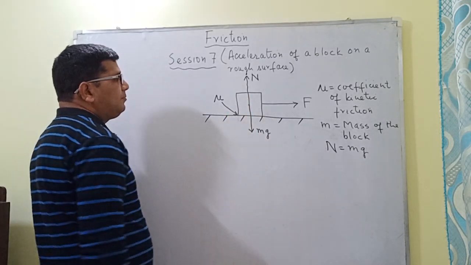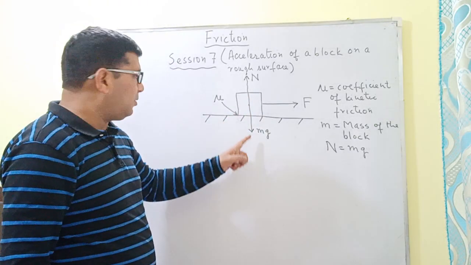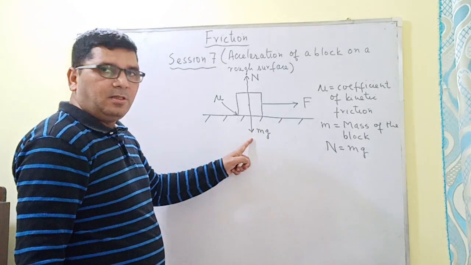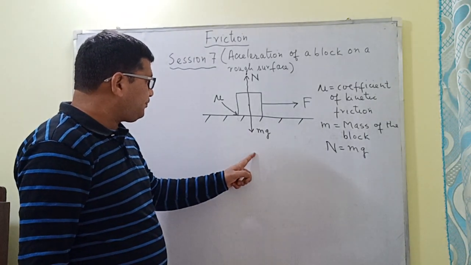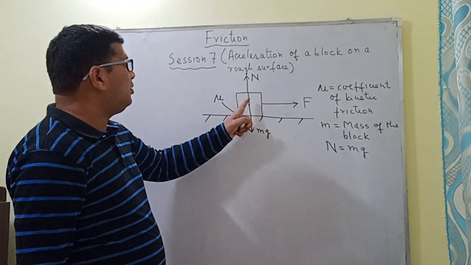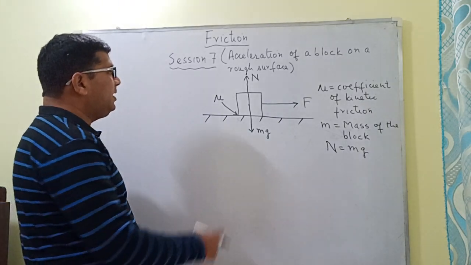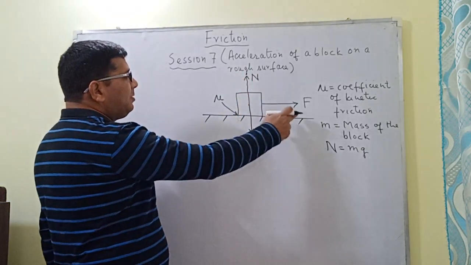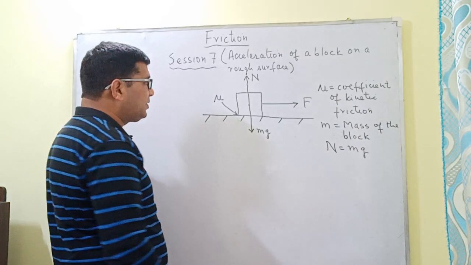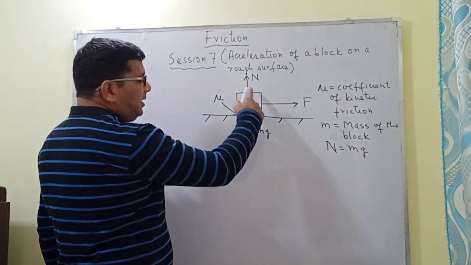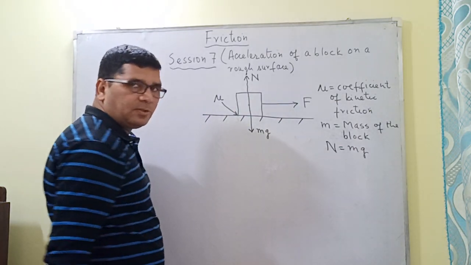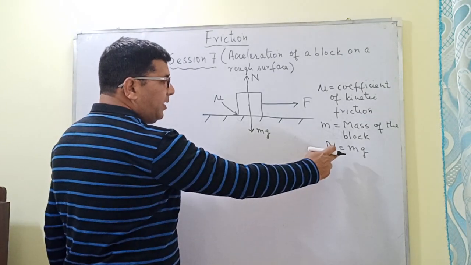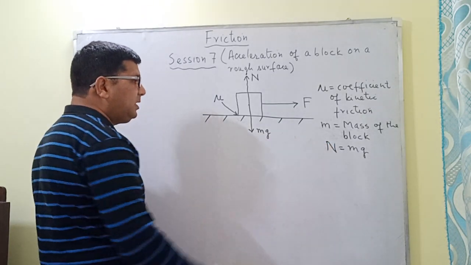Now, in this case, the weight of the block will be acting in the downward direction, and the normal reaction will be acting in the upward direction, perpendicular to this horizontal surface. Here, this normal reaction will be equal to the weight of this block, which is m into g.